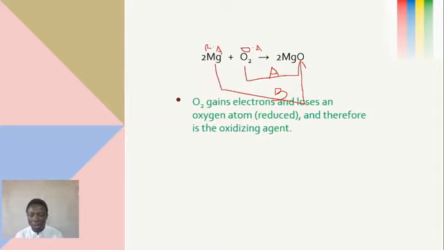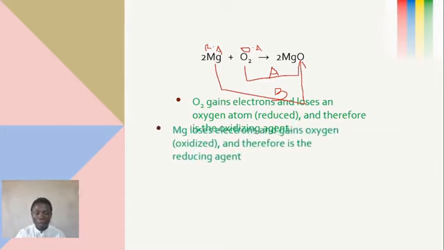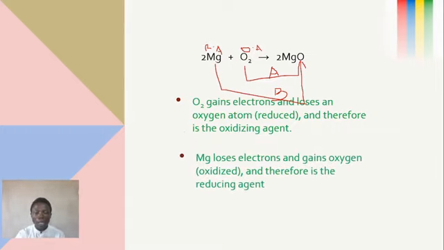Oxygen gains electrons and loses an oxygen atom, so it is being reduced, and therefore it is our oxidizing agent. Magnesium loses electrons and gains oxygen, and because of that, it is our reducing agent.